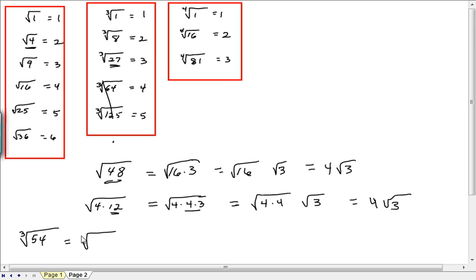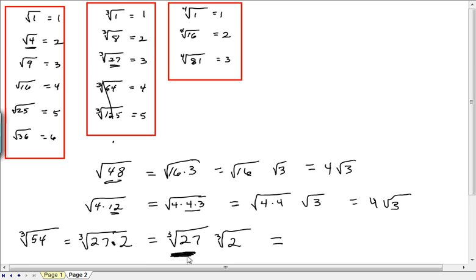So this is the cubed root of 27 times 2, because 2 times 27 is 54. That's a times. Which is the cubed root of 27 times the cubed root of 2.